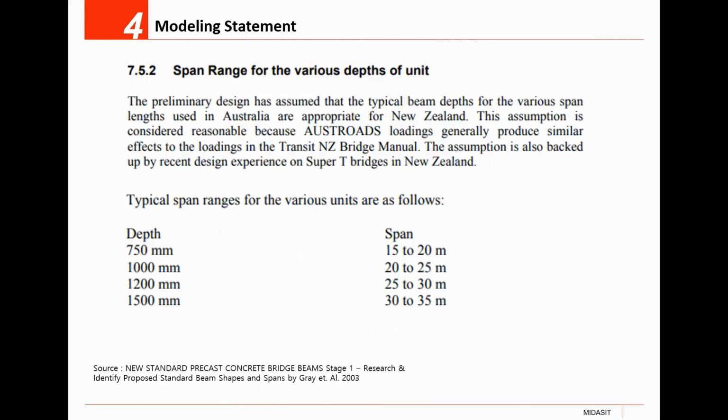In AS code, they have various modifications of Super T girders. They have varying depths from 750 mm up to 1,800 mm with the following span. For 1,500 mm, for example, the span ranges would be 30 to 35 meters.